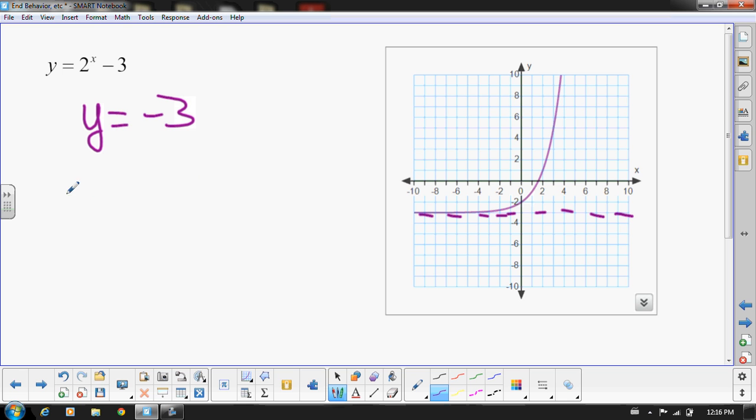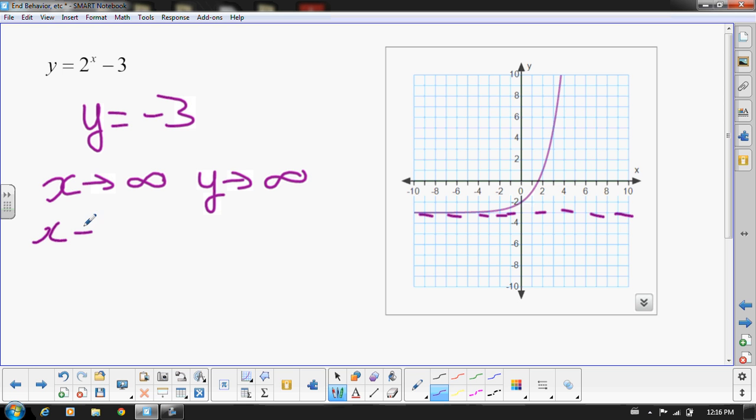Now when we describe end behavior, as x approaches positive infinity, y is approaching positive infinity. As x is getting bigger and bigger, y is going up. That's why we're going to write it like that.